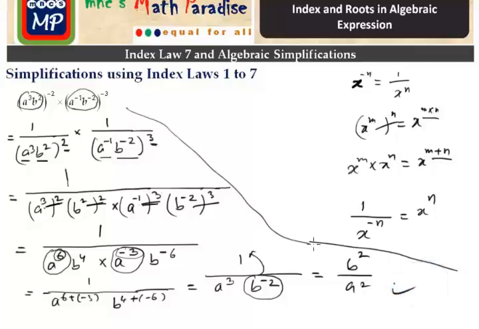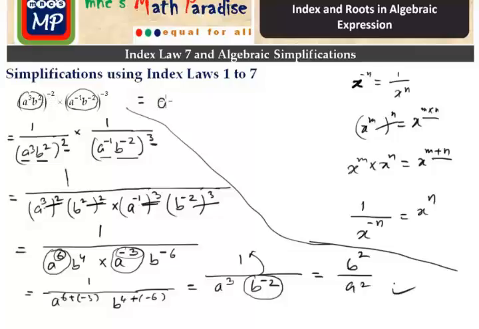Now we will solve the same problem in a shortcut way. In the shortcut, whatever power is outside, whether minus or plus, we multiply that power with every power within this bracket. That means minus 2 will be multiplied with power 3, and minus 2 will be multiplied with power 2.